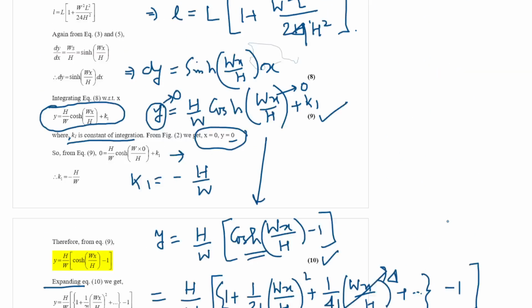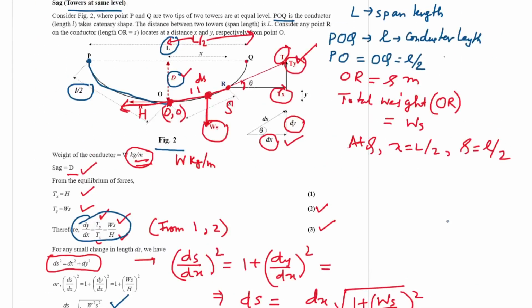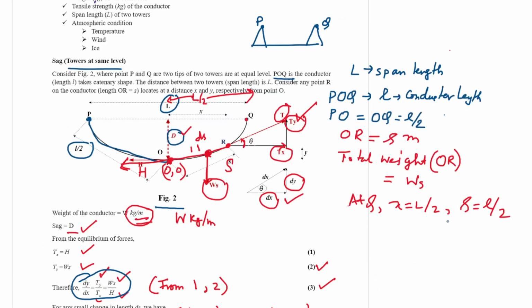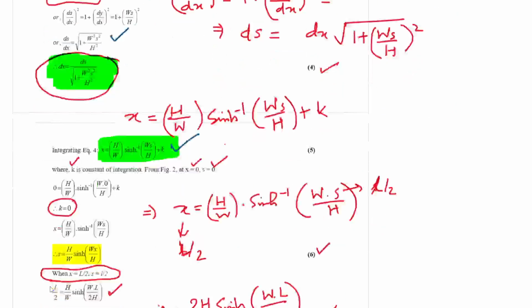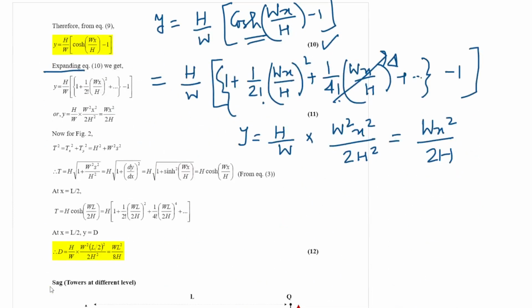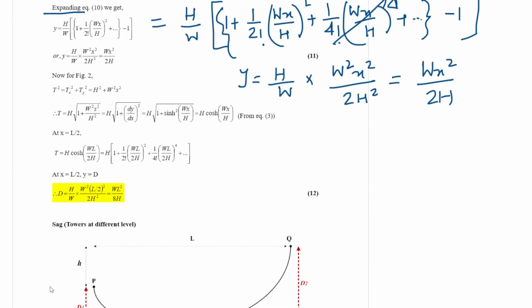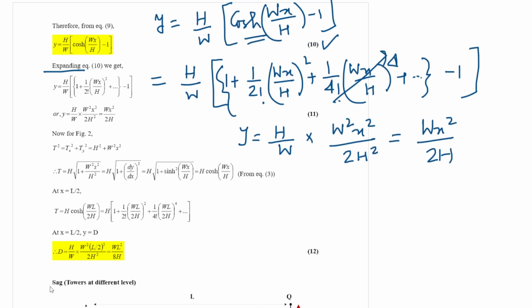Now from figure 2, we shall get this expression, that is T square is equal to Tx square plus Ty square, from this right angle triangle. What is Tx?